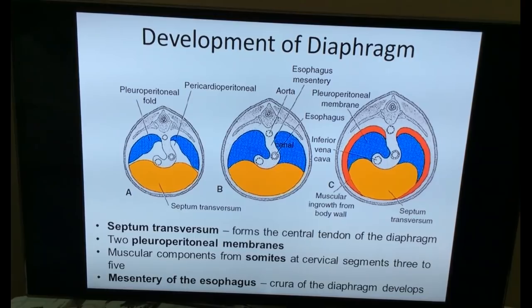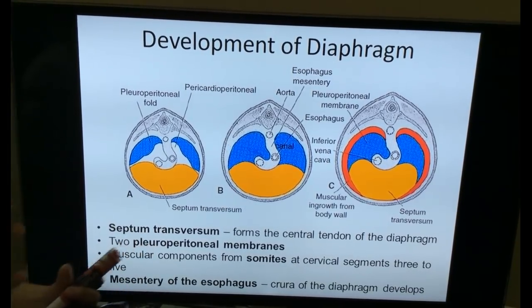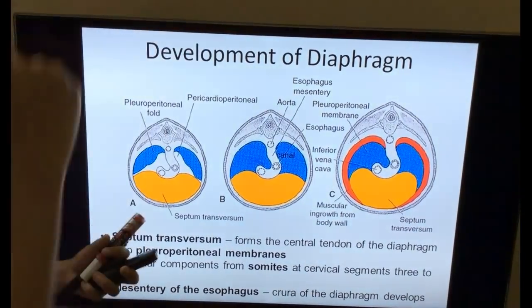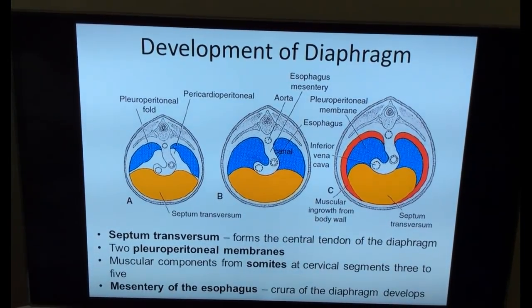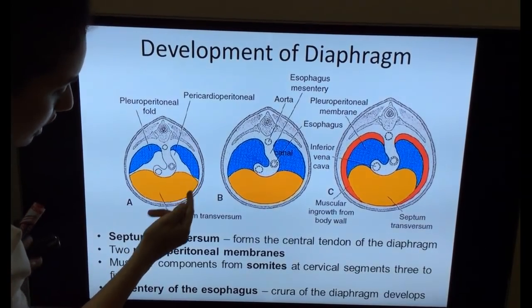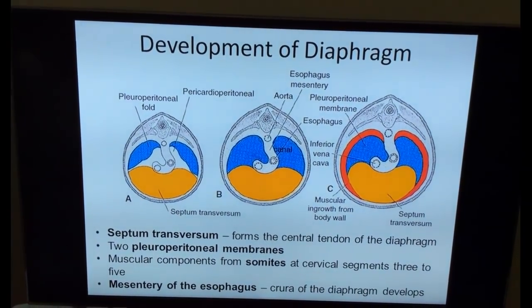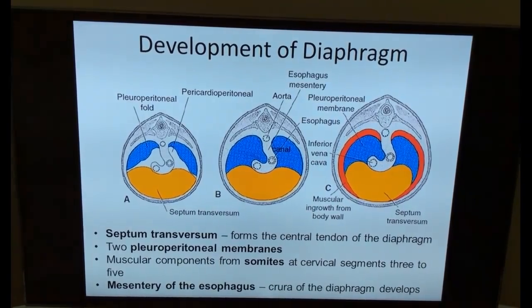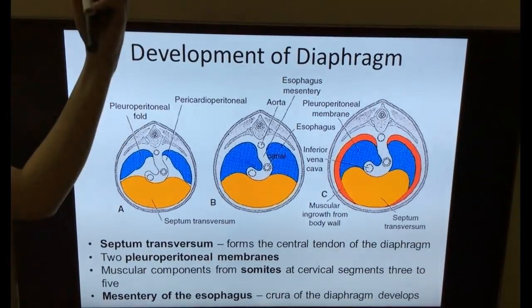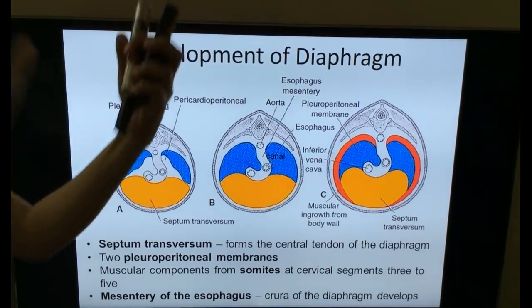These somites, especially from the cervical segments C3 to C5, migrate from there and form a rim around this area, which gives rise to the muscular part of the diaphragm. That is why, when the somites are migrating, the nerves are also migrated.